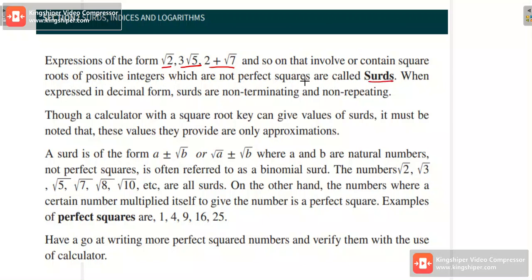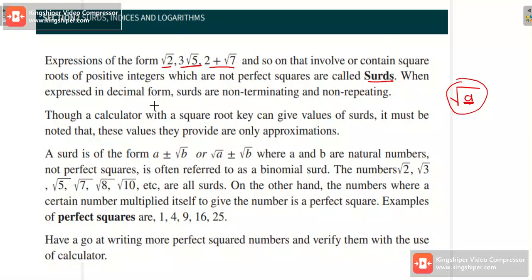So once the number which is under the square root is not a perfect square, it makes the whole value a surd.